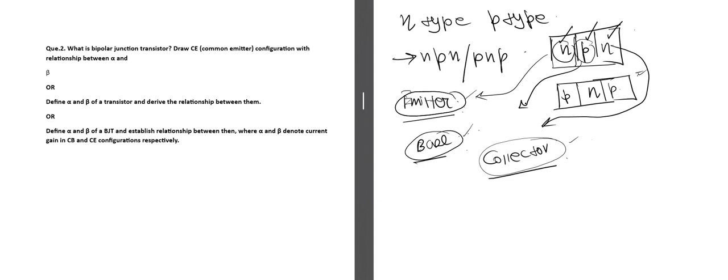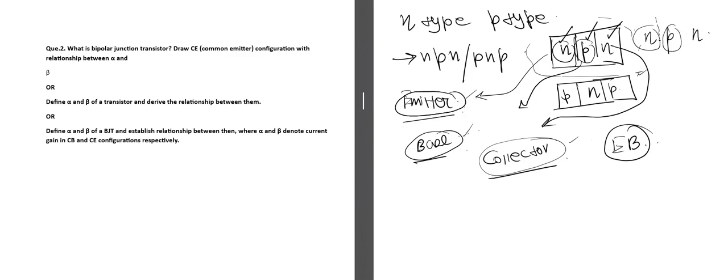The bipolar junction transistor has three terminals and specifically two junctions. One is the EB junction, which means the emitter-base junction. In an NPN semiconductor, the first layer is N, the second is P, the third is N. So this N layer is the emitter and this P layer is the base.